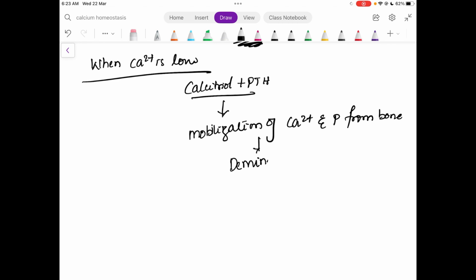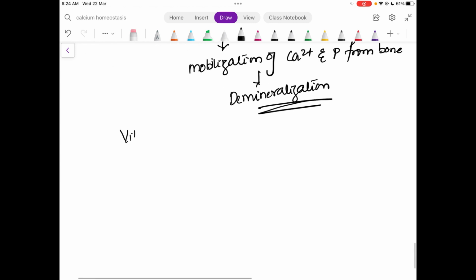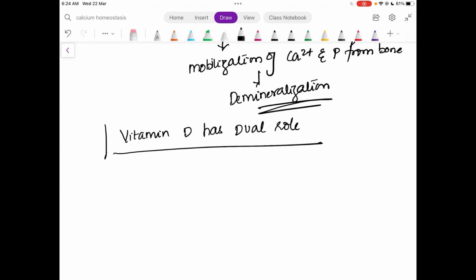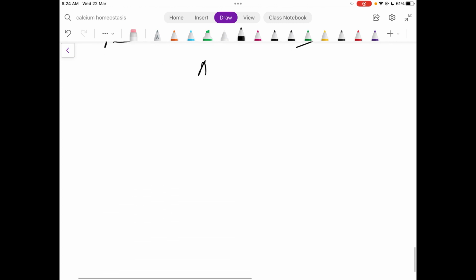That means they will cause demineralization. So vitamin D has both mineralization and demineralization. That means vitamin D has a dual role. It can cause mineralization and it can cause demineralization.